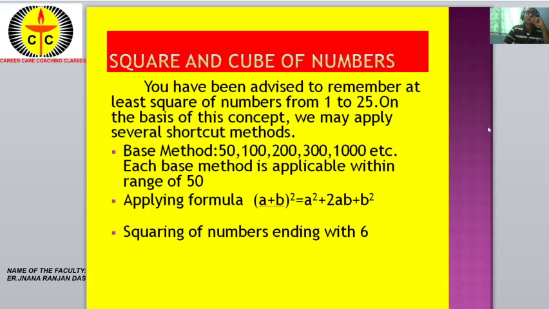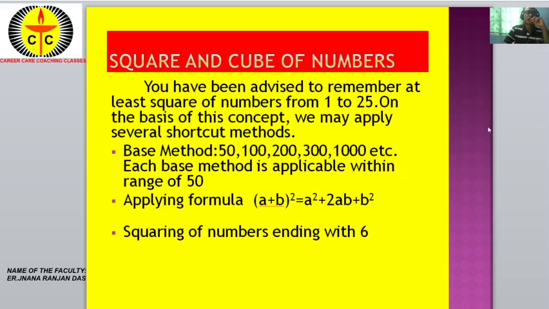Each base method is applicable within the range of 50. It means that if you are trying to find the square of a number by the 50 base method, you can find the square of numbers from 25 up to 75.